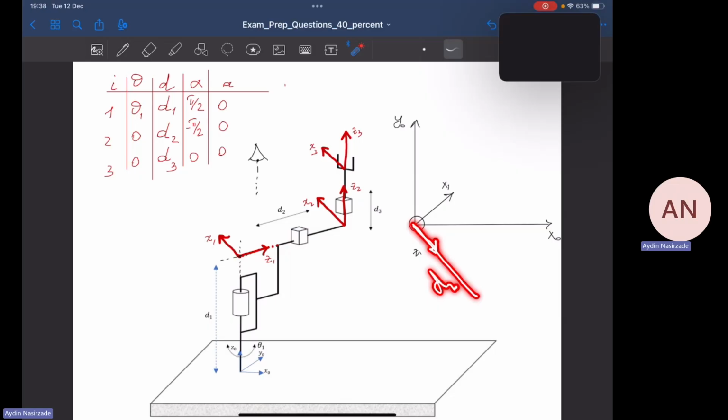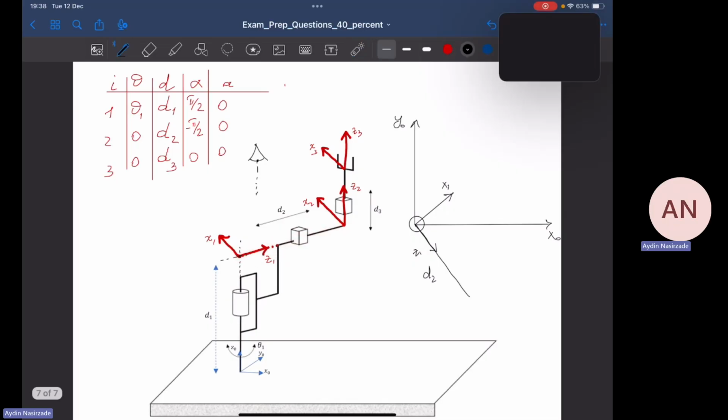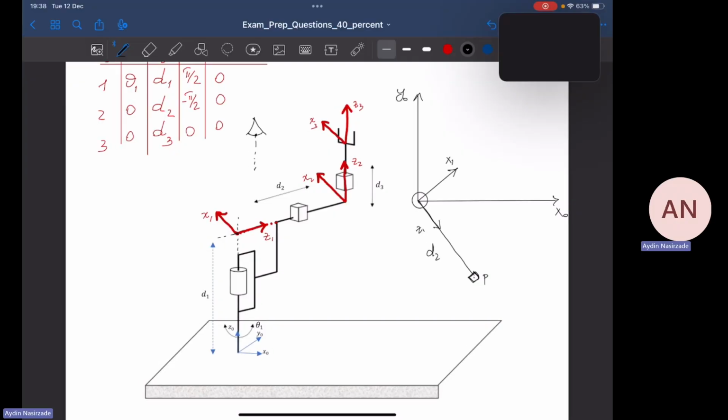If this link moves, z1 moves with it. So this is going to be the length d2, this particular link. And I can see the prismatic joint and everything on top of it. Now this is point P. That's it.